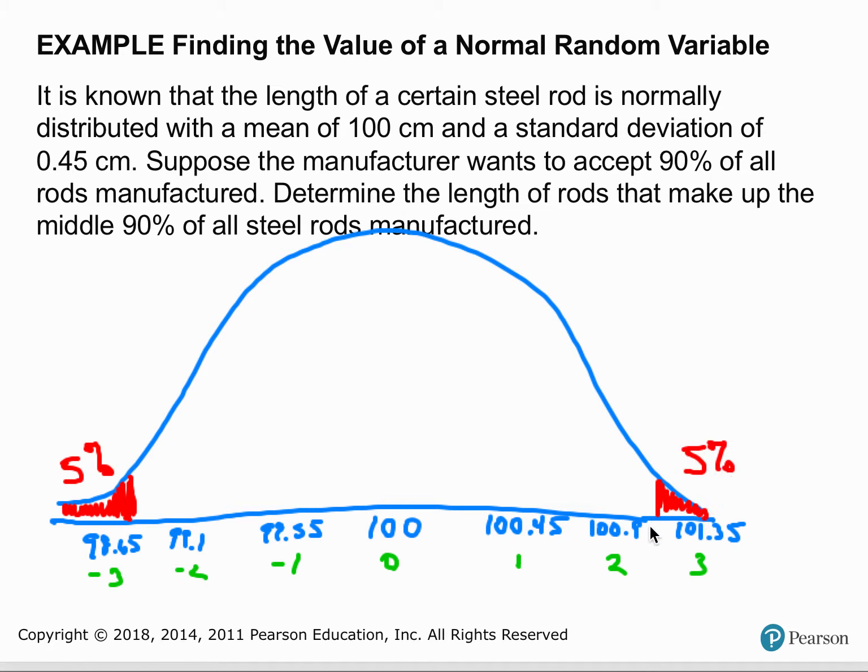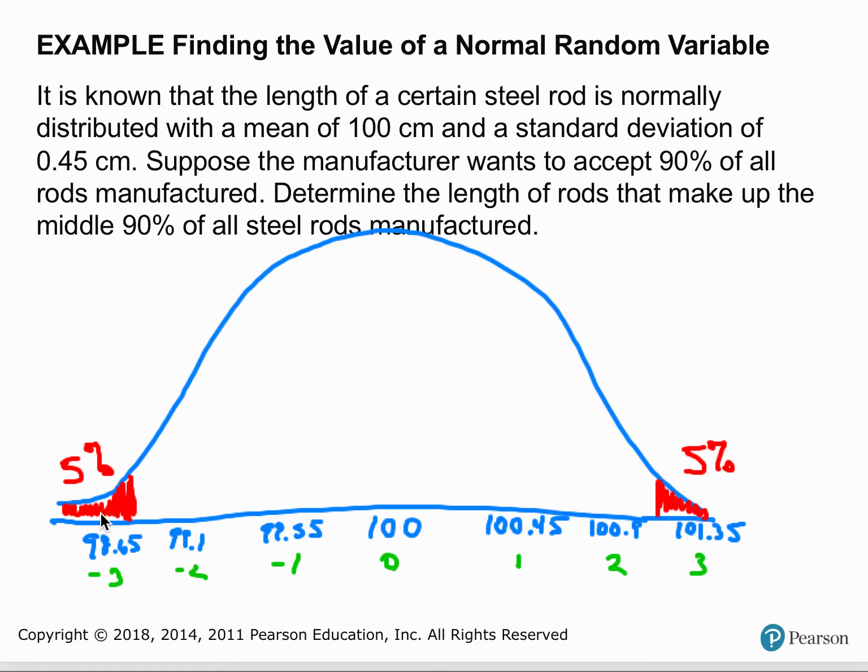So I need to take off the top 5% and the bottom 5%, because the entire thing's 100%. That would give me the middle 90%, right? So first, let's find the z-score that corresponds to about 0.05, right, on the left, right here. Because our z-scores are less than, let's do this one first. Less than, let's look on our chart for 0.05.